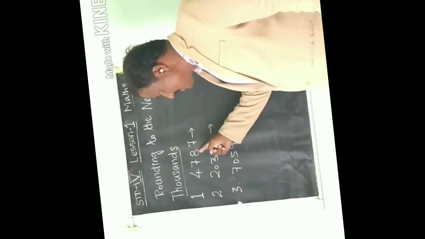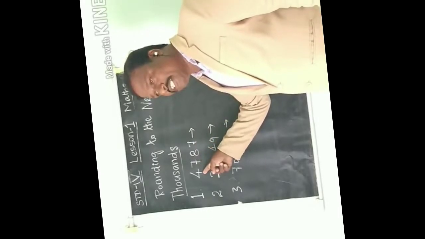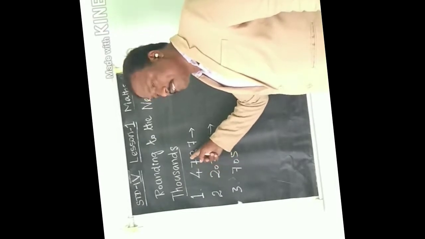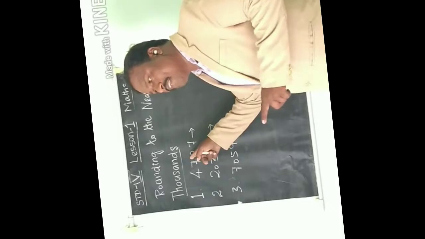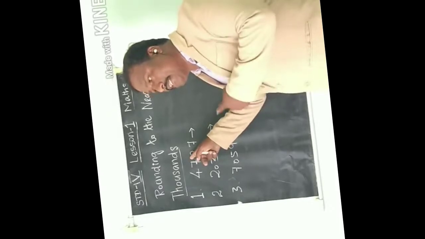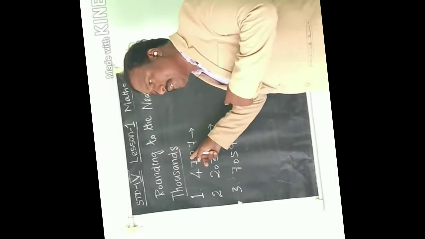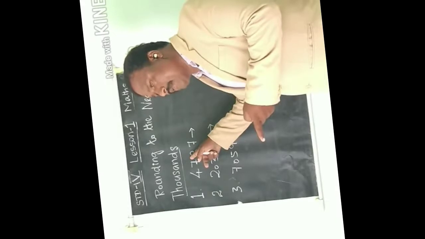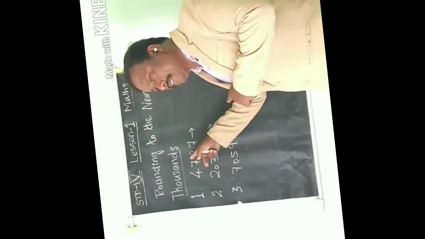We take this number and compare it to 5. If it is above 5, we take the higher rounding number. If below 5, we take the lower rounding number. If equal to 5, you take the higher rounding number. Okay, this is the rule.